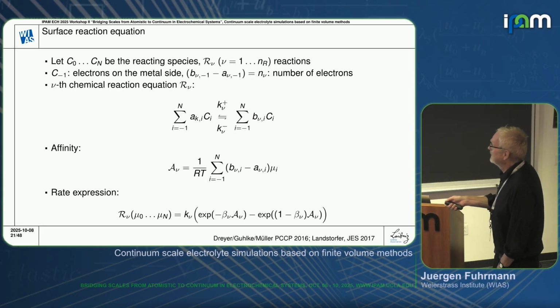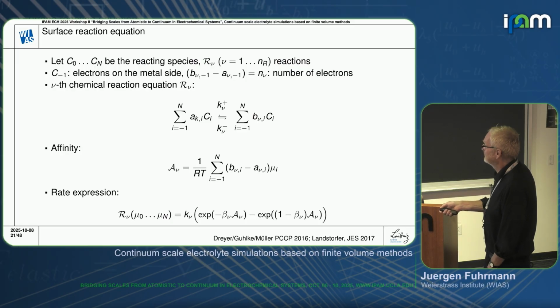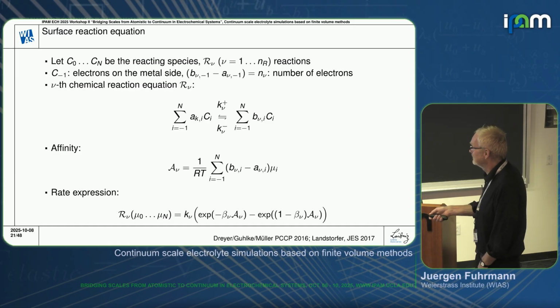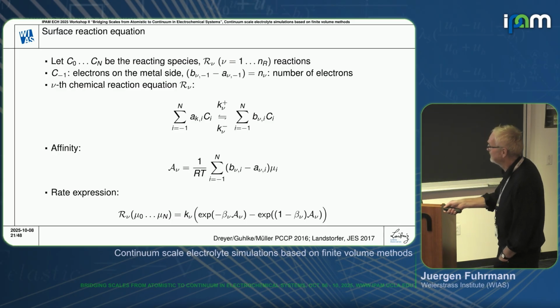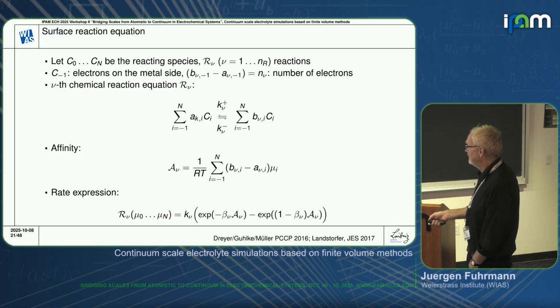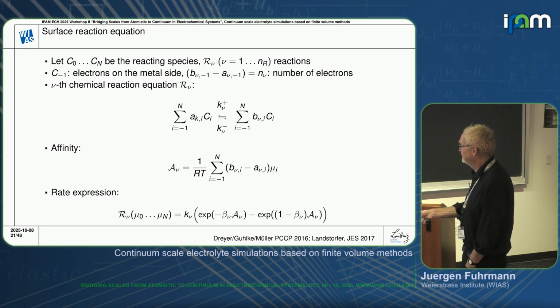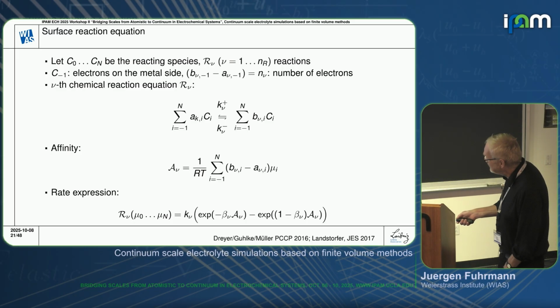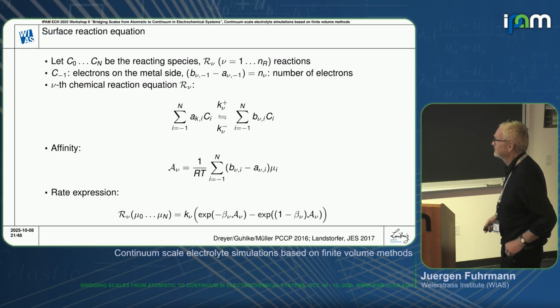Then we have these corresponding reacting species, and for this chemical reaction equation we can introduce the affinity, which takes into account the chemical potential and the differences in the stoichiometric coefficients. And then we postulate a rate expression which takes exponential terms in the affinities and the symmetry coefficients beta as the rate expressions at the interface.